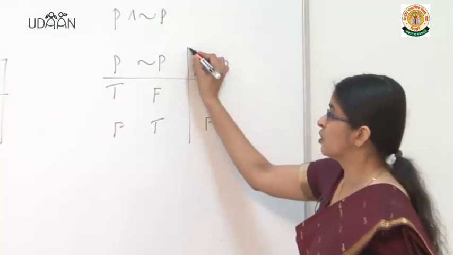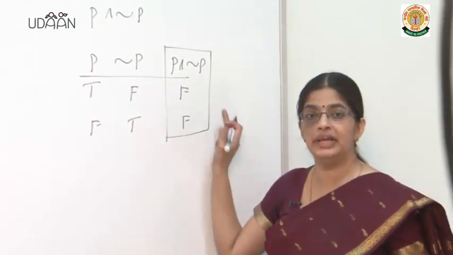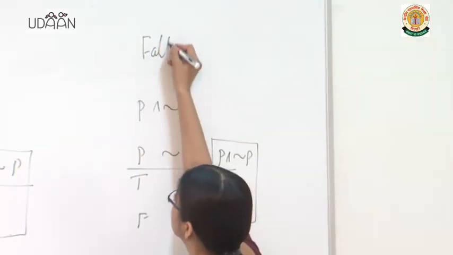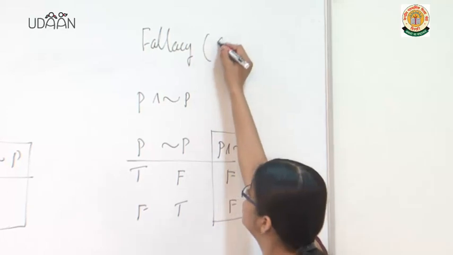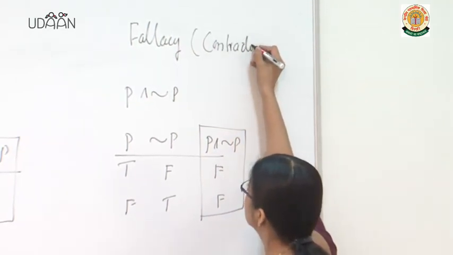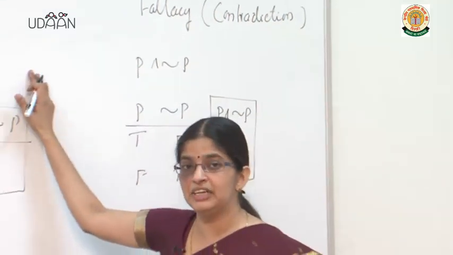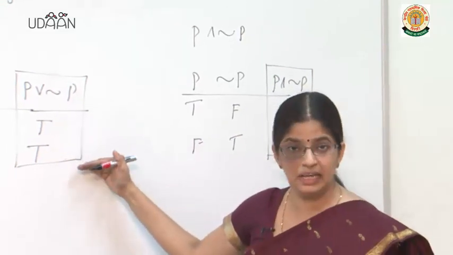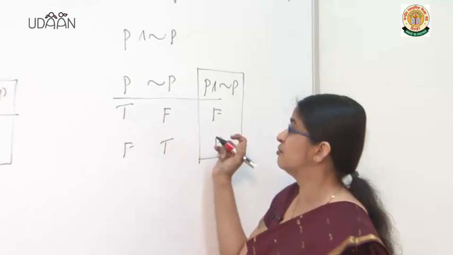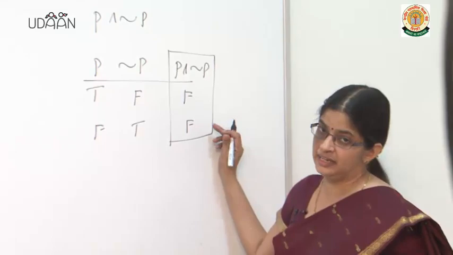When you see the last column, P and negation of P has truth value only F. Such statements are called fallacy or sometimes contradiction. So a tautology is a statement which has truth value T in all the cases, and a fallacy or contradiction is a statement which has truth value false in all the cases.